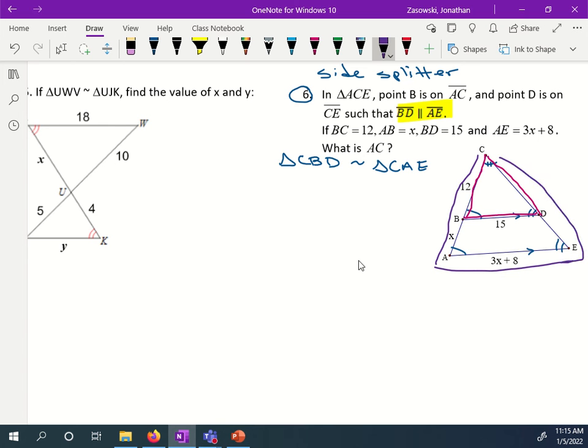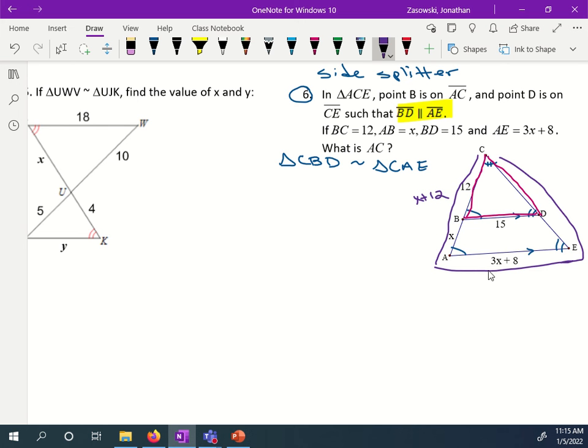All right? The smaller triangle has a length of 12 on the left. The bigger triangle has a length of, this is where it gets a little tricky. What's the whole side worth? 12 plus x, right? You just add together the x and the 12. So x plus 12 or 12 plus x.